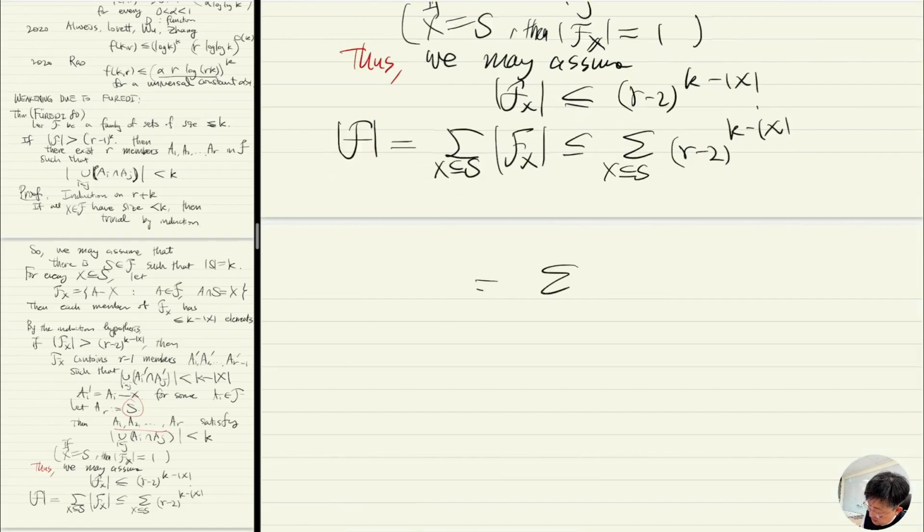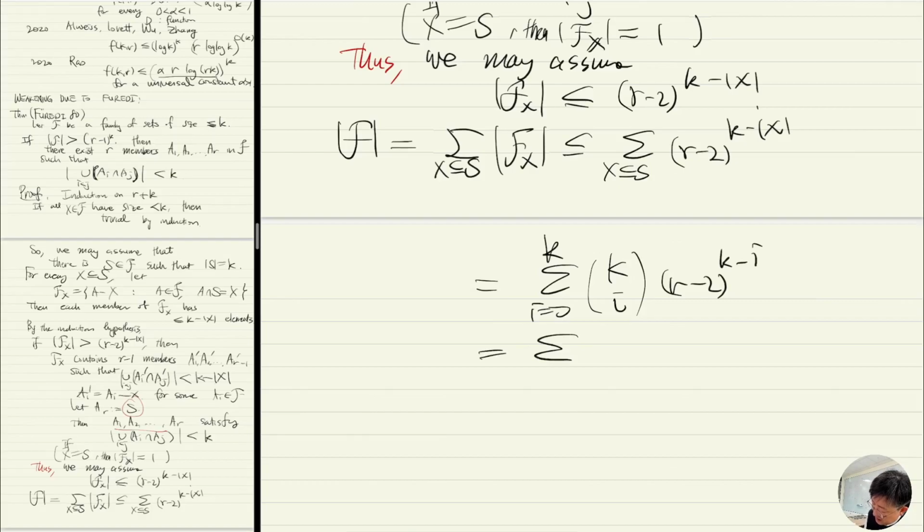This is equal to the sum from i=0 to k of (k choose i)(r-2)^(k-i).